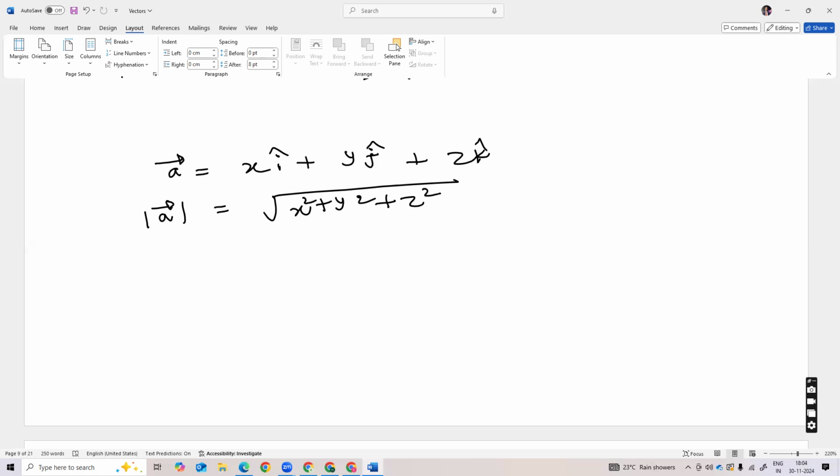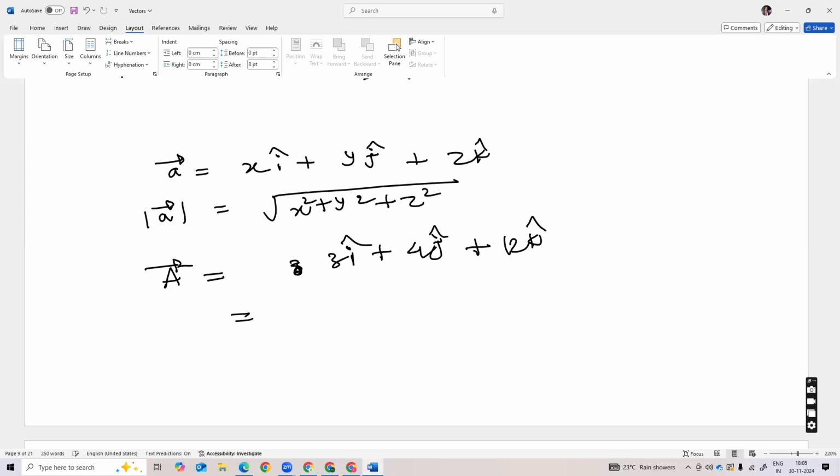Let's take one example. Let's say you have vector a as 3i plus 4j plus 12k.